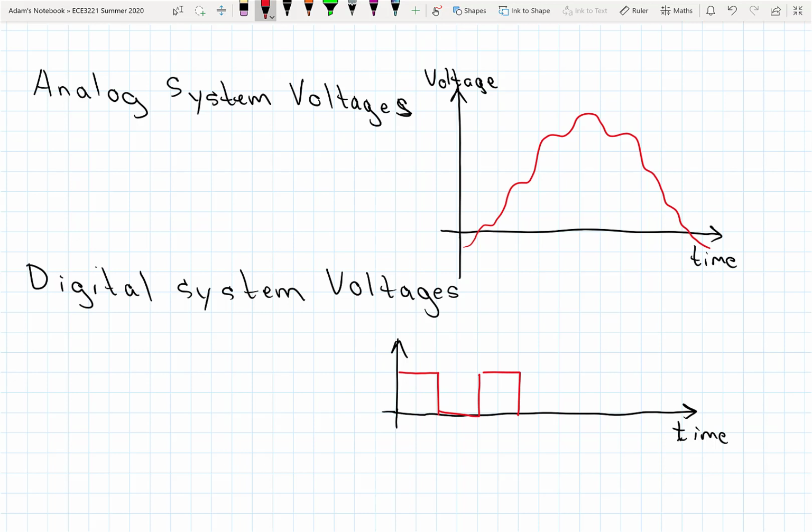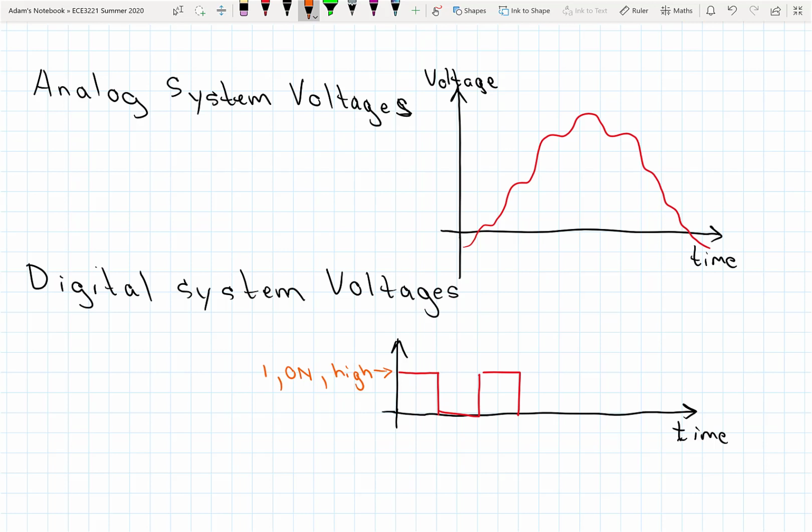So this value here, maybe I'll use a different color, is representing a high value, or we may call it an on state, or more commonly we just refer to that as a logic level 1.